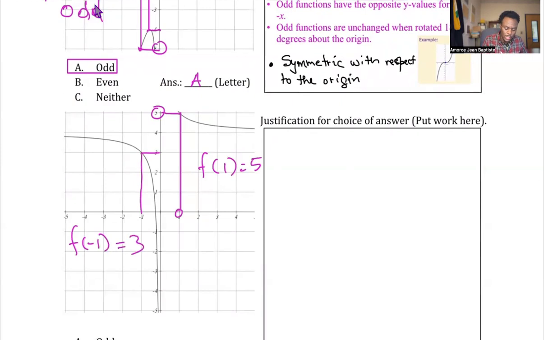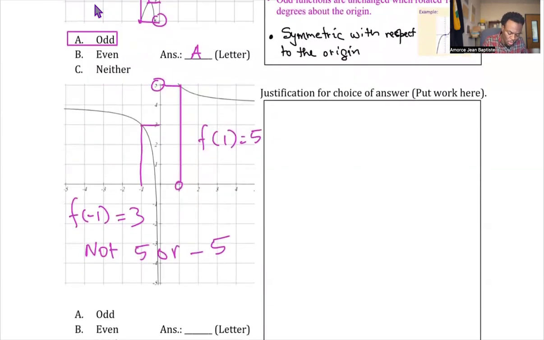Well, 3 is not 5 or negative 5, which would make, if it was 5, the function was going to be even. If it was negative 5, then it would help me decide whether it's odd. If it was 5, same as f of 1, if f of negative 1 was the same as f of 1, that would make me closer to making my conclusion that it's an even.